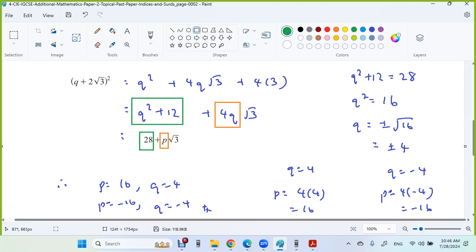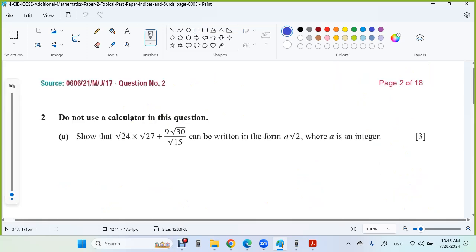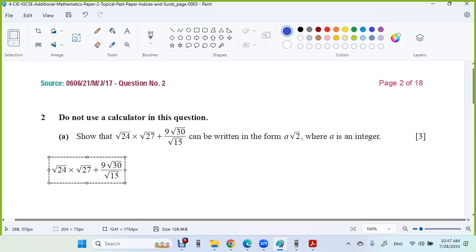Okay, so this one and then this. So the 4q here. 2a, we need to show that this one can be written in the form of this.